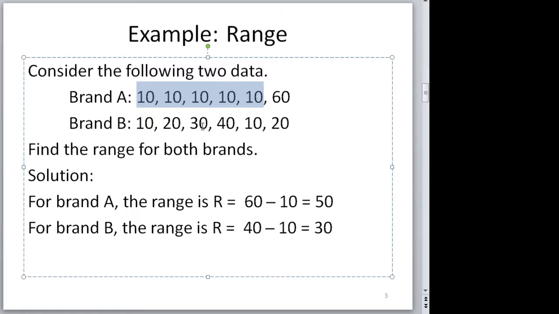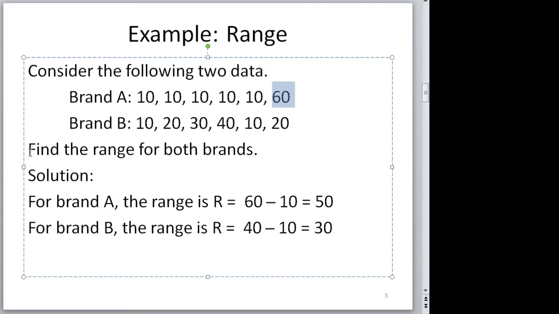In fact, it's just a single point. But brand B is 10, 20, 30, 40, and 10 and 20. I'd say brand B is more spread out compared to brand A. Brand A is highly concentrated, and there's just one data point which is far away from the rest. That doesn't make brand A more spread out data.